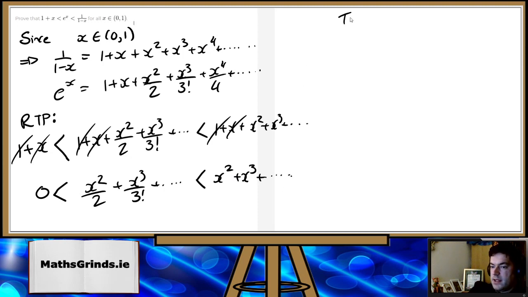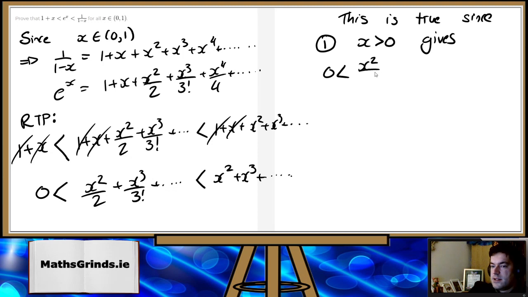And this is true for two reasons. Number one, x is positive, so that gives us the left side, that x squared over 2 plus x cubed over 3 factorial, etc. is more than 0.